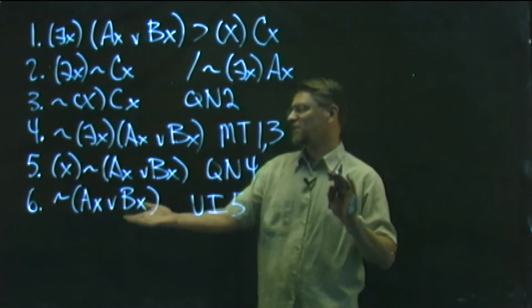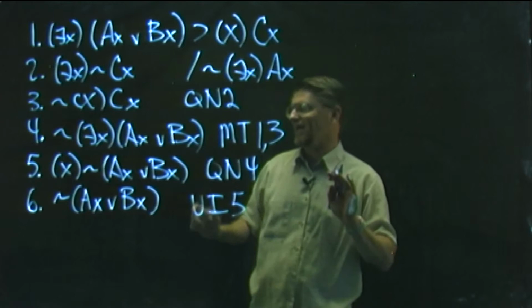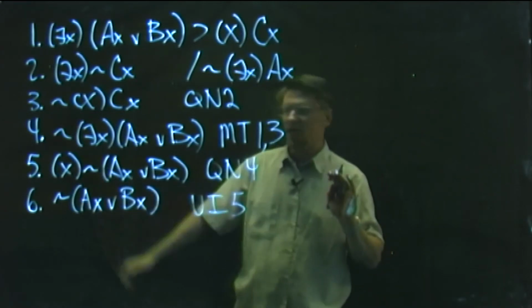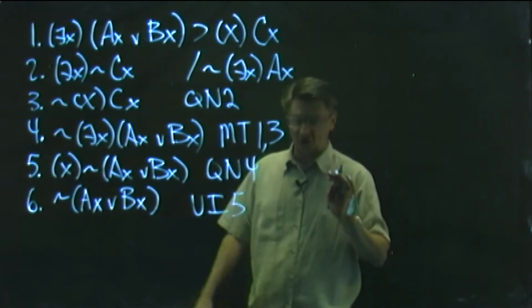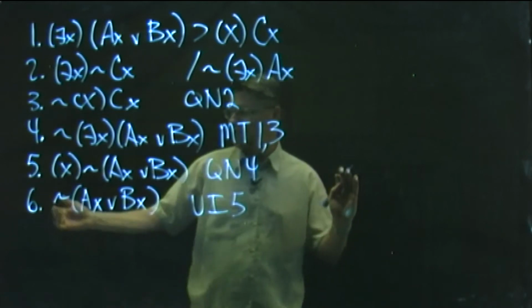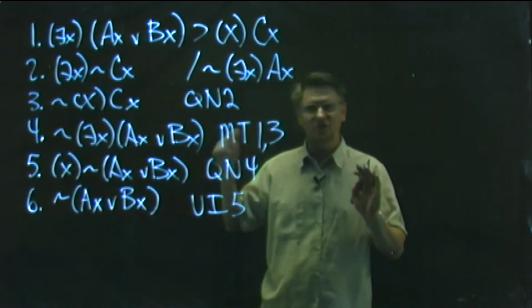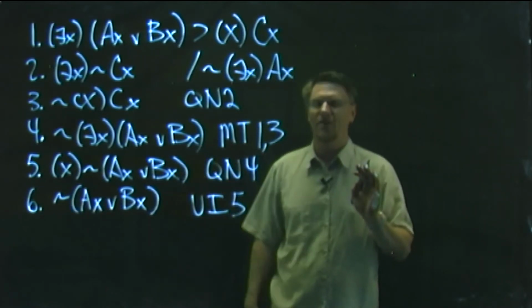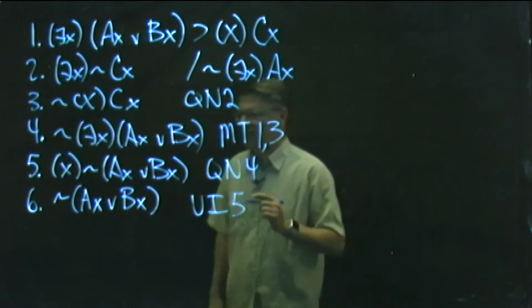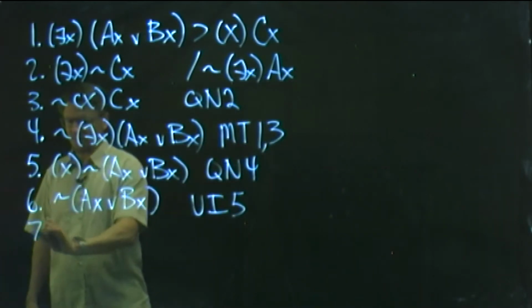So obviously, though, I know that I need to get the A by itself. I'm going to have to break line 6 down even further. But the good news here is that I have tildes and wedges. And anytime you have tildes and wedges or tildes and dots, you know to use De Morgan's. And so I'm going to try that.